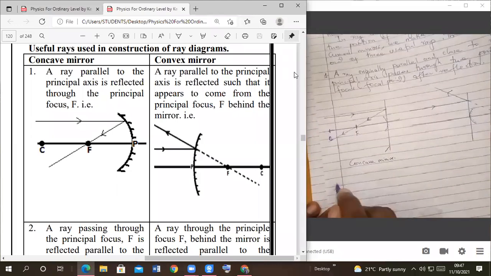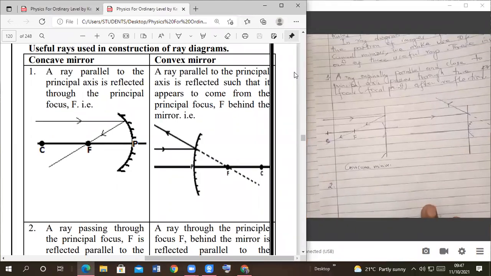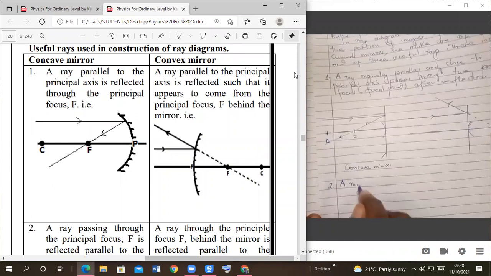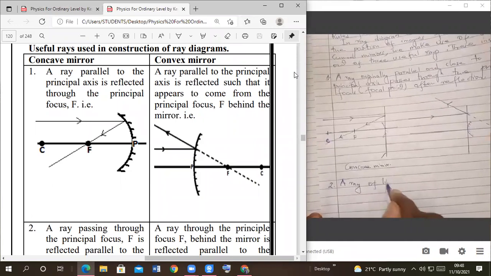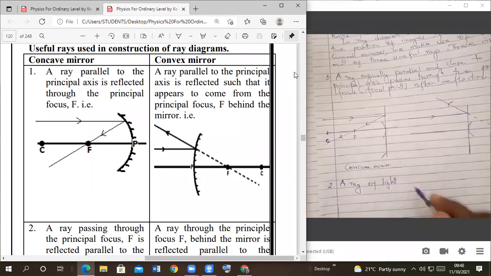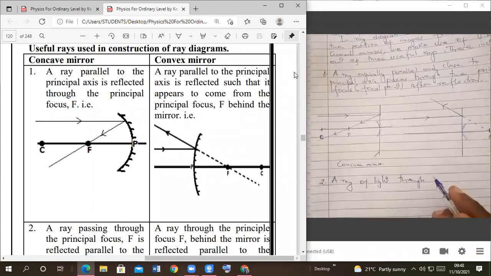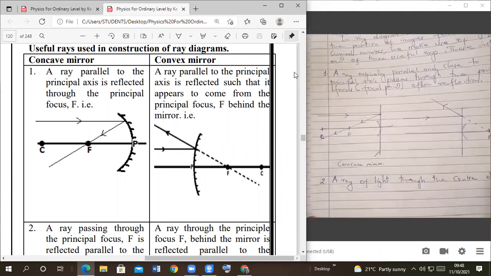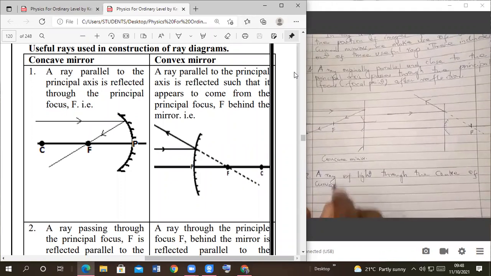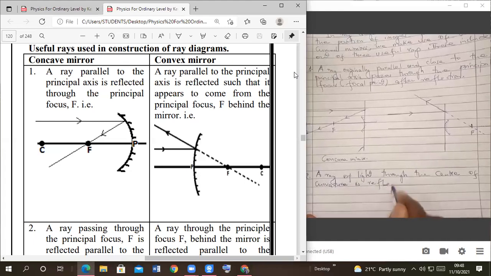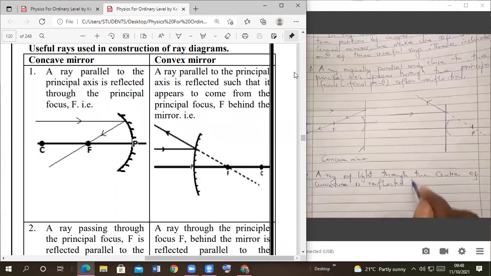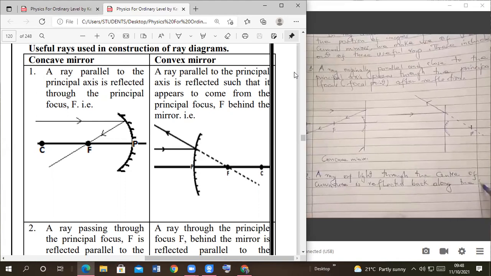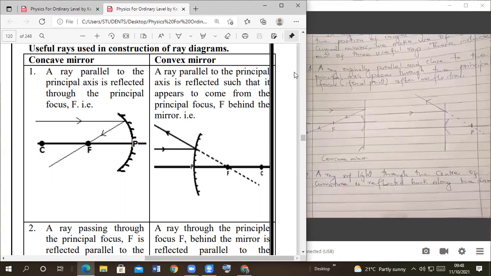Rule number two: a ray of light through the center of curvature, through the center of what? Through the center of curvature, is reflected back along the same path.